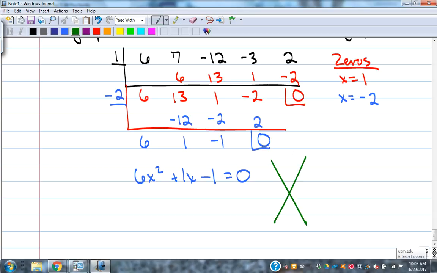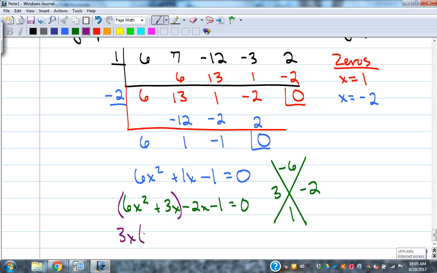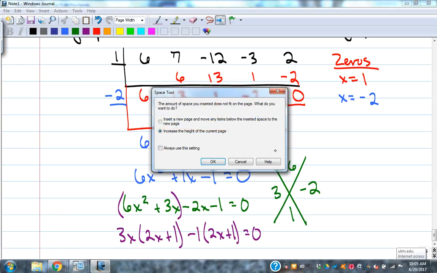X method of factoring: -6, add to be +1, 3 and -2. 6x squared is 3x minus 2x minus 1. Group. -1. So the factors are 3x minus 1 and 2x plus 1.